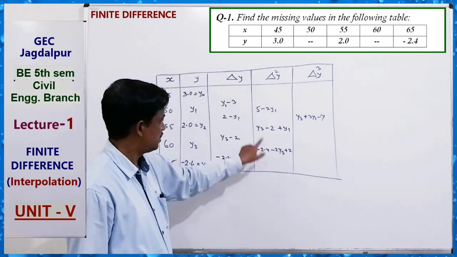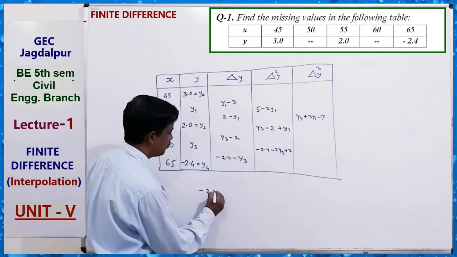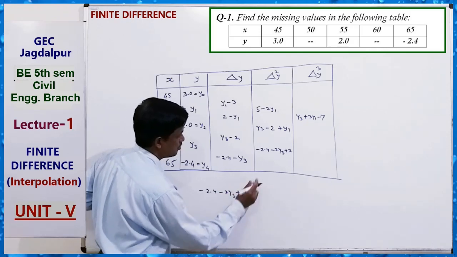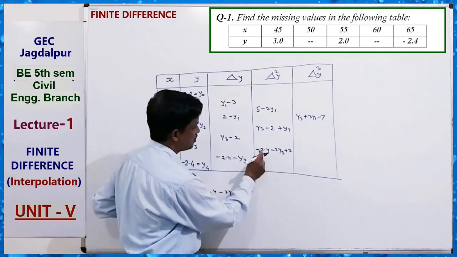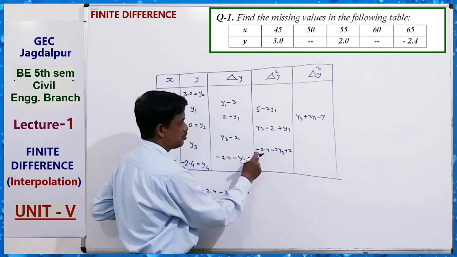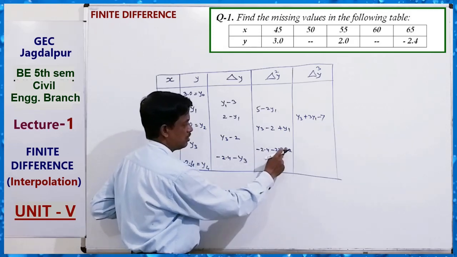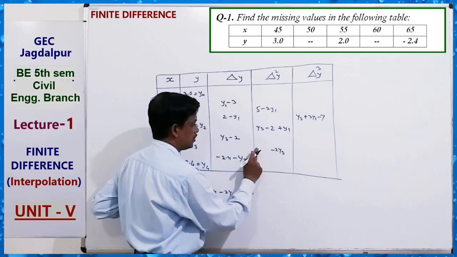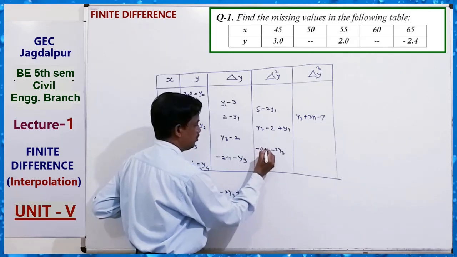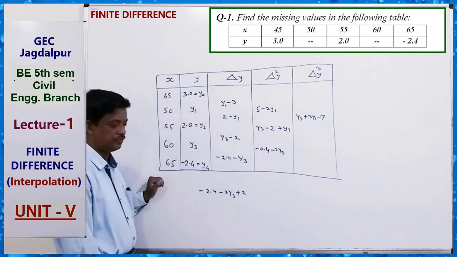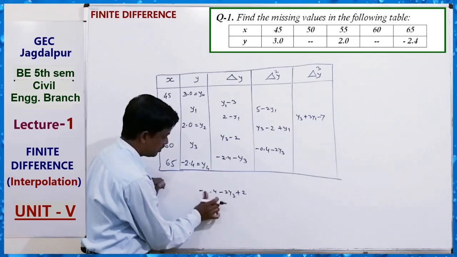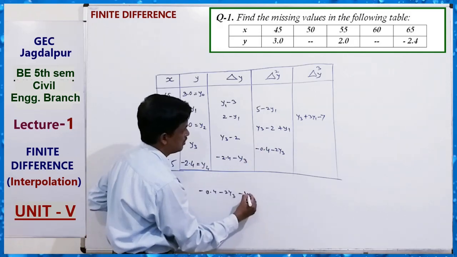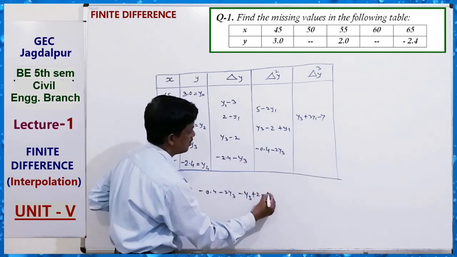This minus this equals minus 2.4 minus 2y3 plus 2, which is 2 minus 2.4, that is minus 0.4. So minus 0.4 minus y3 plus 2 minus y1.